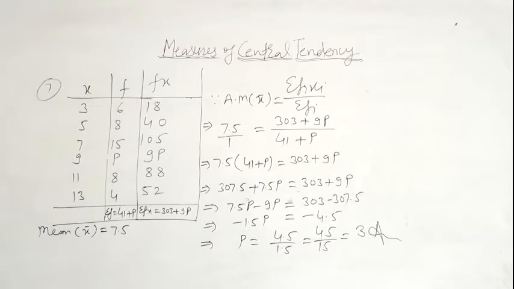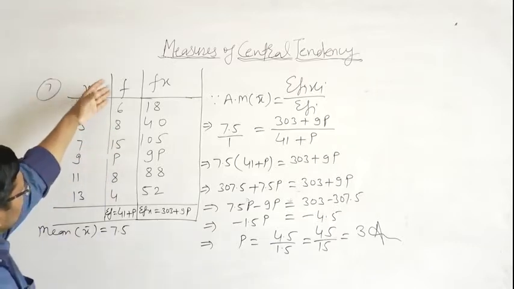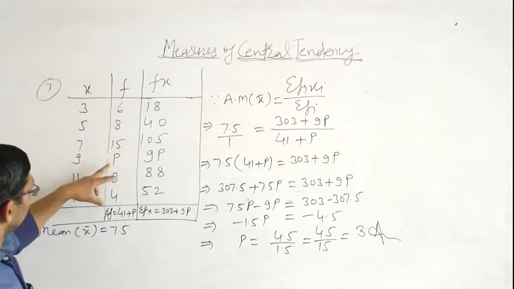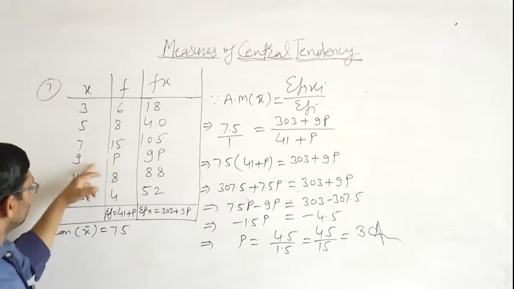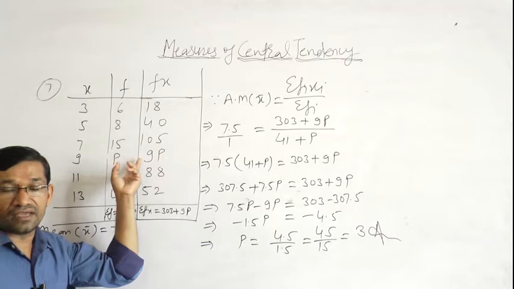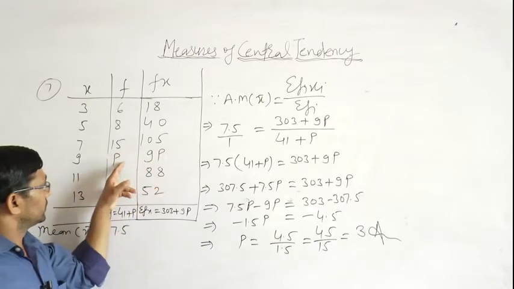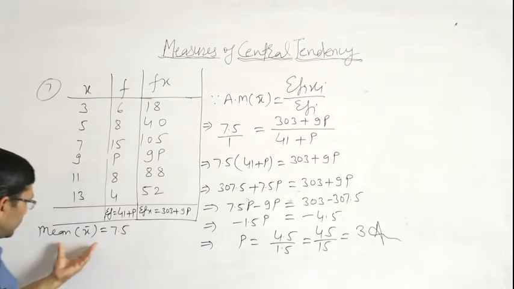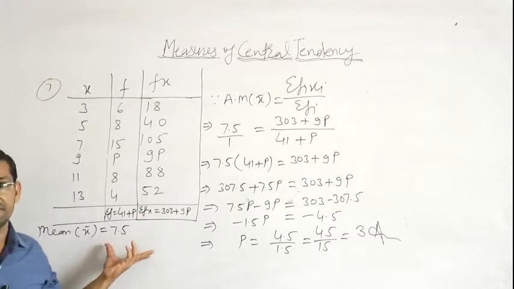So we use this method to solve this type of question. Question is very important. The difference is that the frequency of this observation is not given and we want to find out this frequency, and arithmetic mean of observations is given.